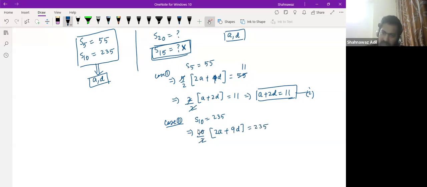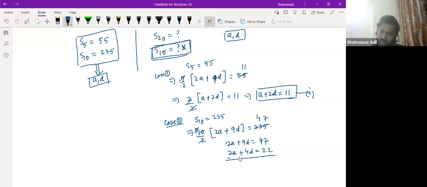So 47. 2a plus 9d is 47. And we have to multiply the other equation by 2. So 2a plus 4d is 22.